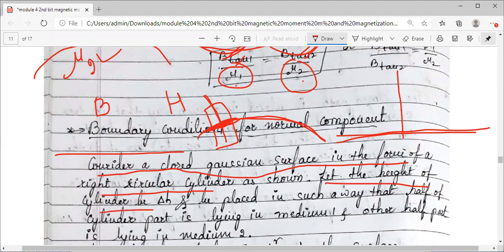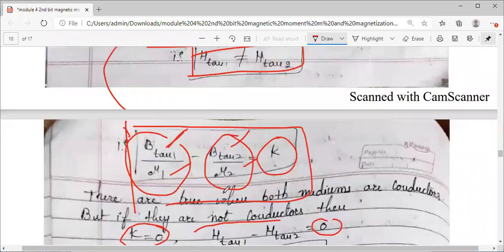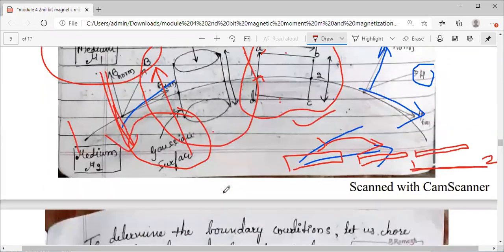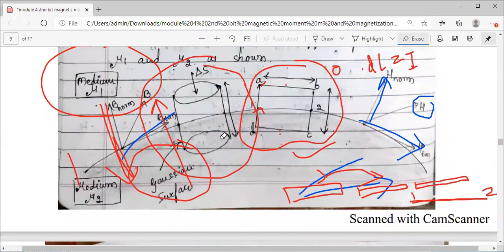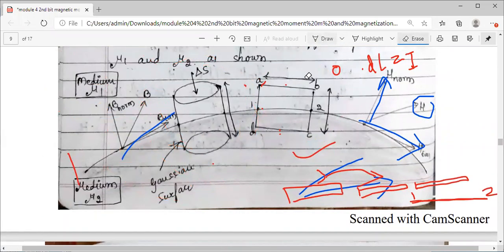Let the height of the cylinder be delta h, and it is placed in such a way that half of the cylinder part is lying in medium 1 and half of the part is lying in medium 2. It is just like the rectangular loop. How did we place the loop that we considered in the figure for the tangential component? Its half part is lying in one medium, half part is in another medium.